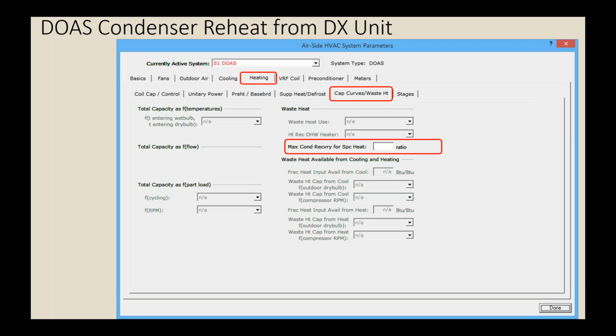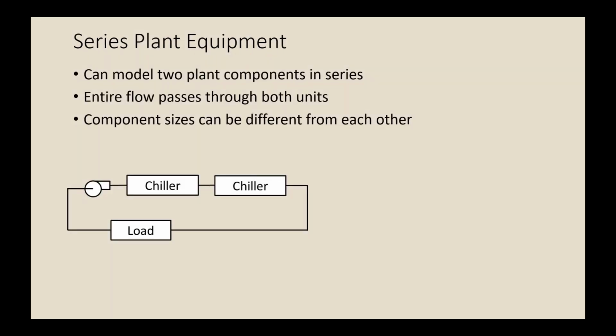You go to the heating tab of the DOAS system, and then this cap curves waste heat subtab, and then there's this max con recovery for specific heat. So you specify the ratio of the condenser rejection that can be used for heat recovery. So that's all I had for the DOAS, and I'll move on now to series plant equipment.